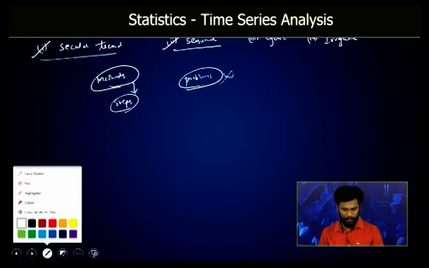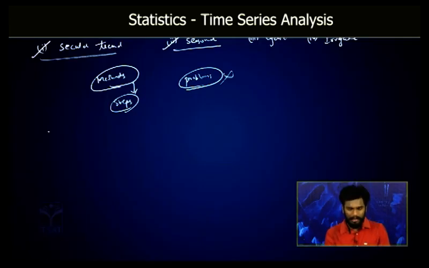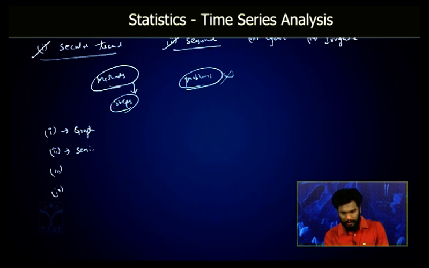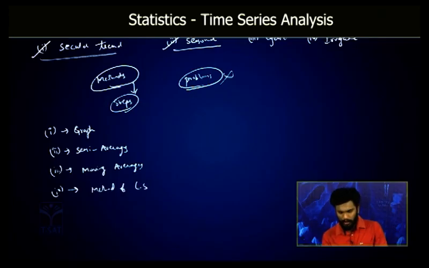Now, for calculating the secular trend, we have four methods. The first one is the simple graph method. The second one is semi-averages. The third one is moving averages. The fourth one is the method of least squares.